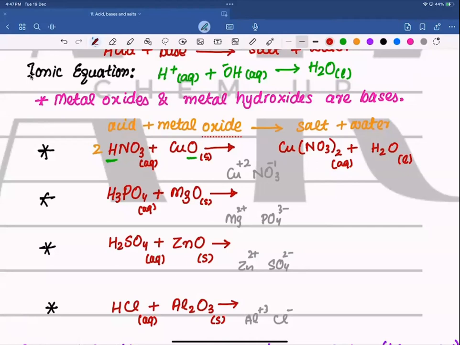Are you done with the equations? Yes, Aisha. If any one of you needs any help, please tell me. What is the charge on the sulfate? Two hydrogens. So what will be the formula of this?